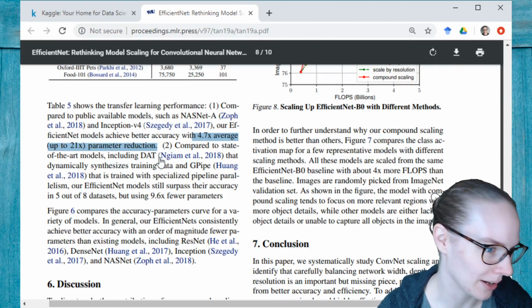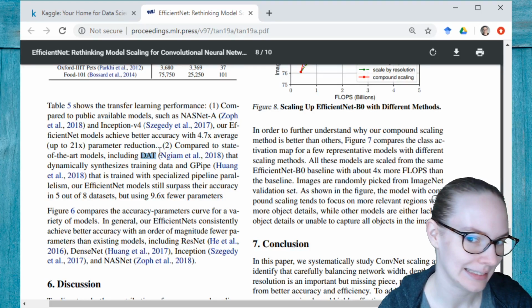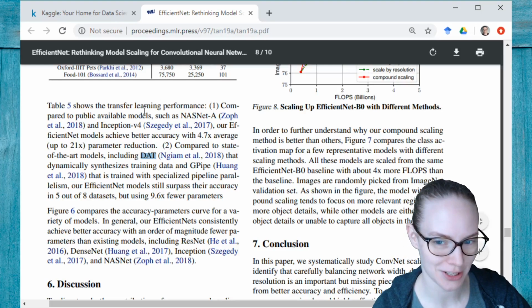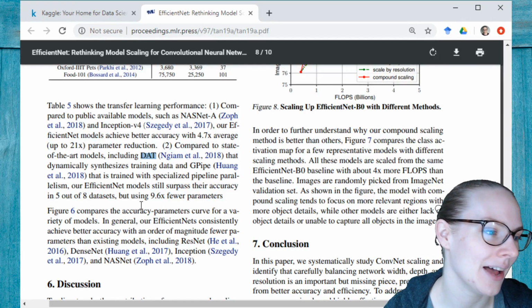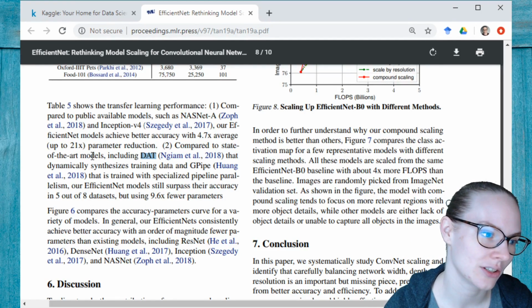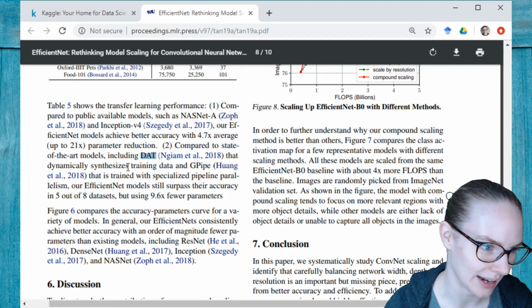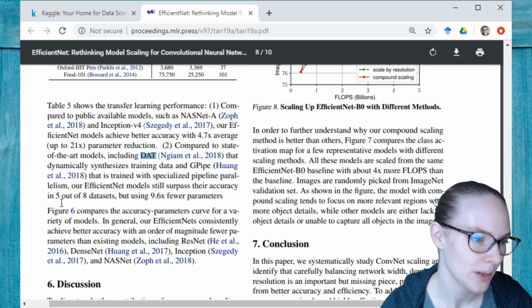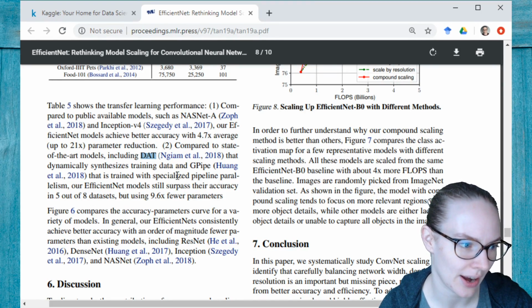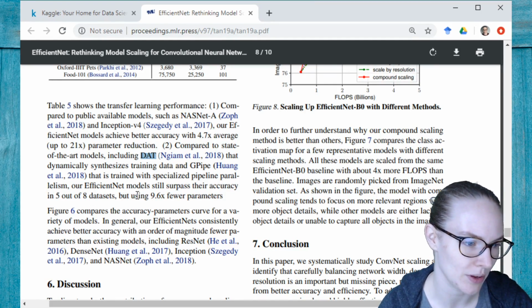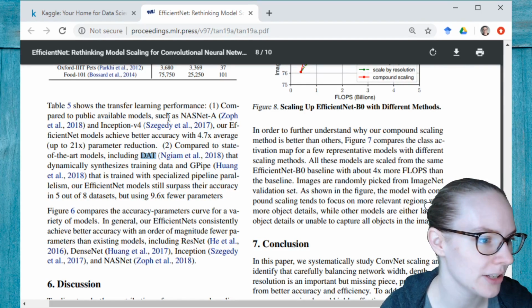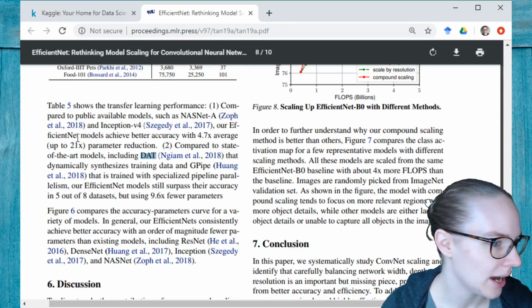Compared to state-of-the-art models, including DAT, Deep Architecture Transformation, I don't know what it stands for, that dynamically synthesizes training data, and GPipe that is trained with specialized pipeline parallelism, our EfficientNet models still surpass their accuracy in 5 out of 8 datasets, but use 9.6 times fewer parameters. So they're comparing it to other models.